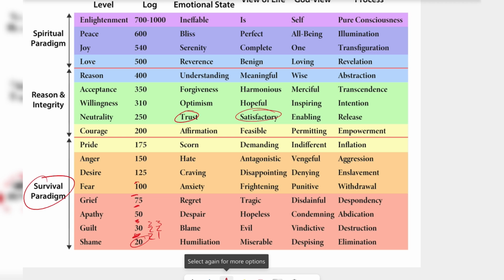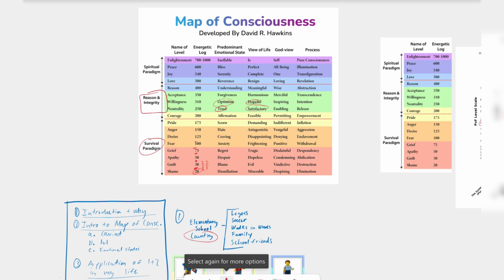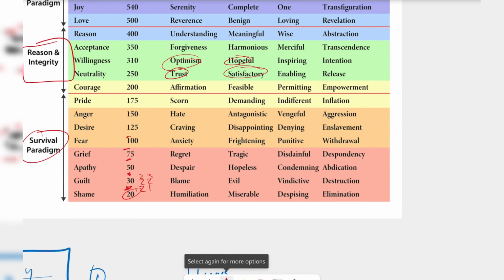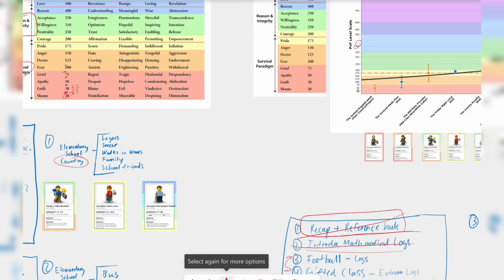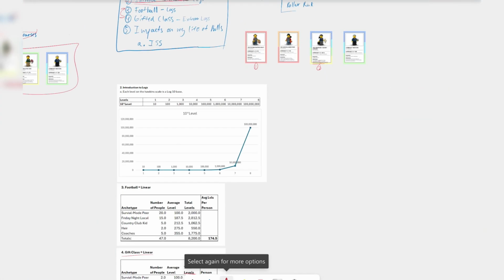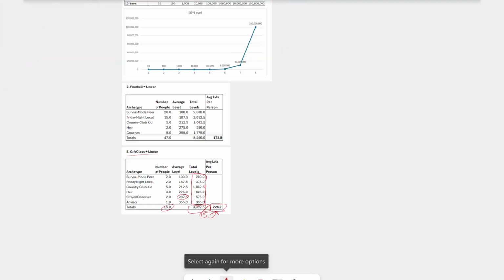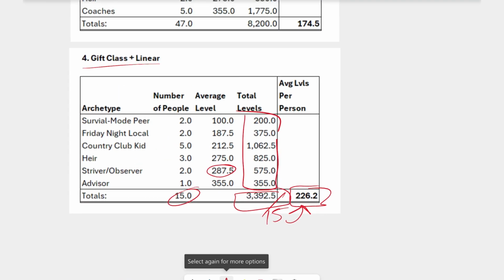I am even getting up to the optimism, to the hopefulness, and I'm able to learn. I'm able to use reason and integrity to grow my mind and really build myself into something. And that's what I cannot stress enough. As someone trying to escape your hometown, you have to put yourself in environments educationally where you're learning and growing at a higher consciousness level and higher average consciousness level.